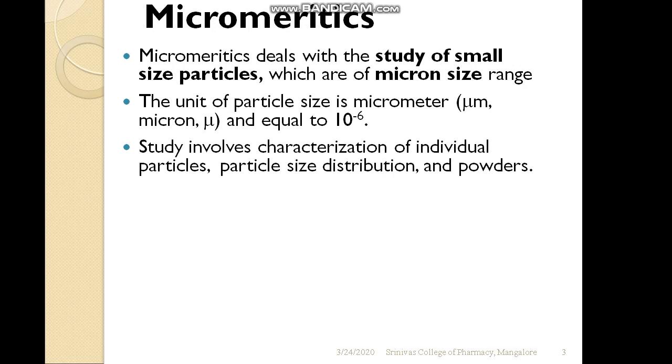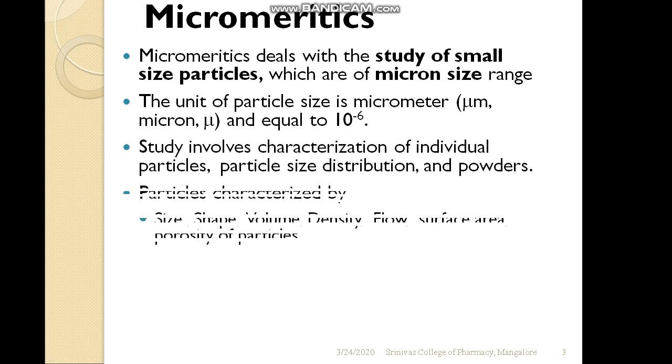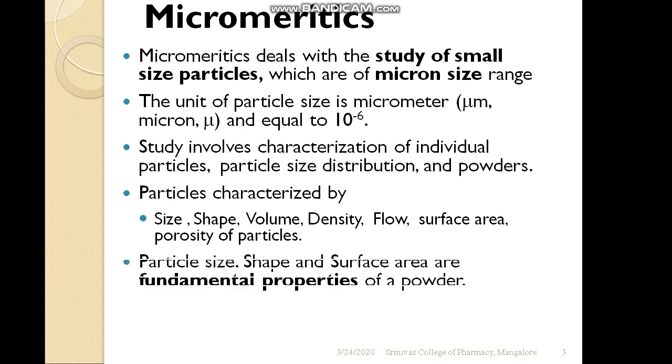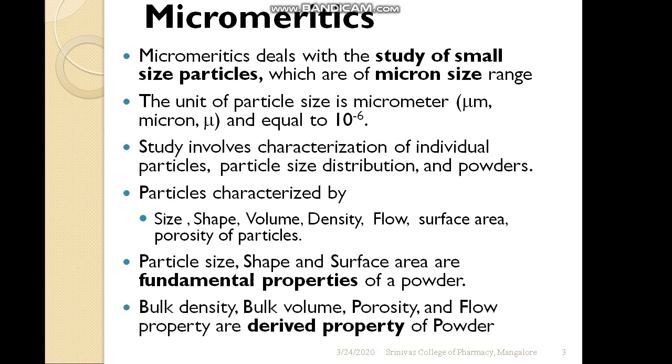This study involves characterization of individual particles, the particle size distribution of the given powder, and how we can characterize the entire powder bed. Particles are characterized by size, shape, volume, density, how they flow, surface area and porosity.